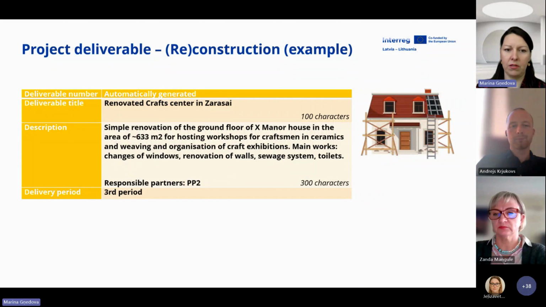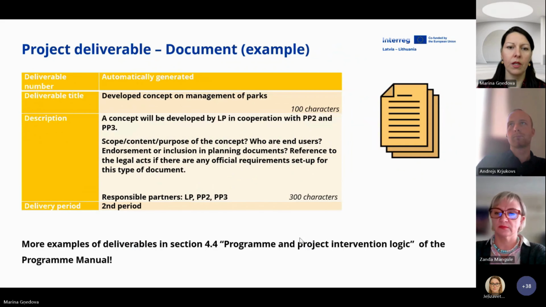Yeah, and describe the main works so that we understand the volume, changes of windows, but again, don't go into very great detail, because for all renovation works you will have cost estimates and technical documentation that contains all this technical and detailed information.